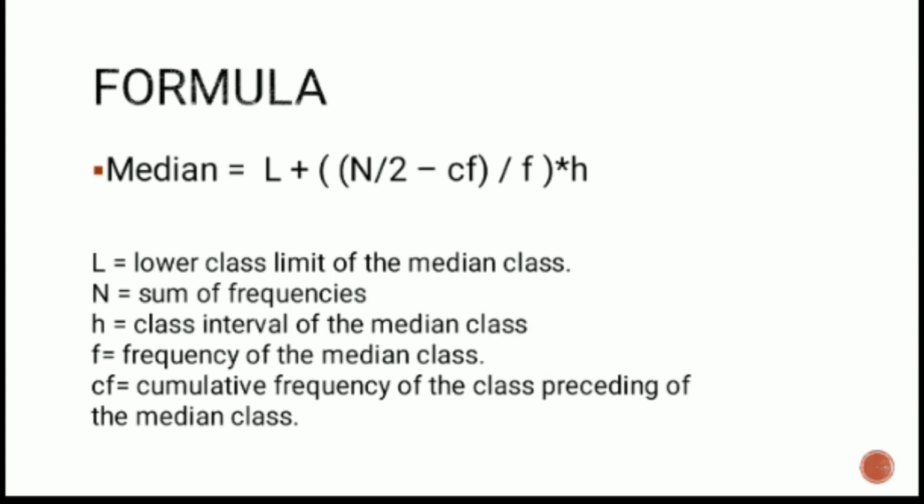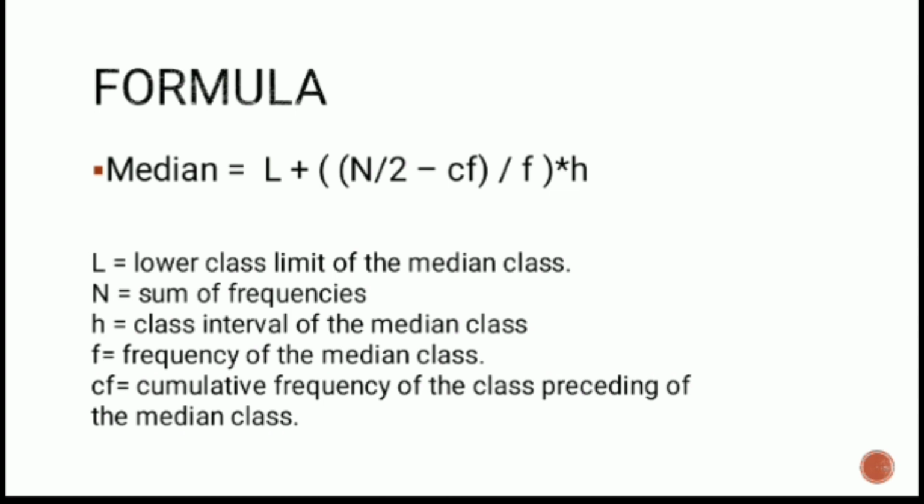I will tell you step by step what L, N, H, F and Cf stand for and how we are going to show them in the table. Okay, so let's start.